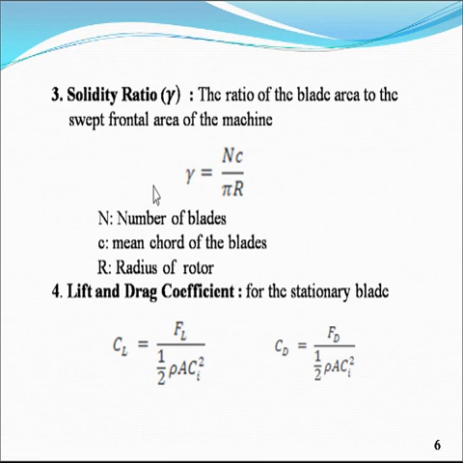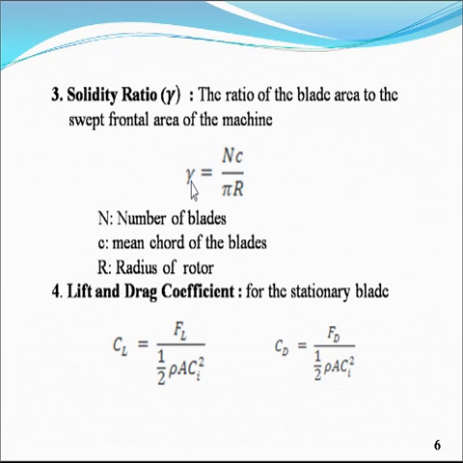Next, the third term is the solidity ratio, which is the ratio of blade area to the swept frontal area of the machine. In the case of a propeller machine, we have 2 or 3 blades, and when the rotor rotates, it sweeps an area, which is pi by 4 d square, the swept area of the propeller machine. Then the actual area occupied in that swept area by the blades is the blade area, and the solidity ratio is the ratio of blade area to the swept frontal area of the machine.